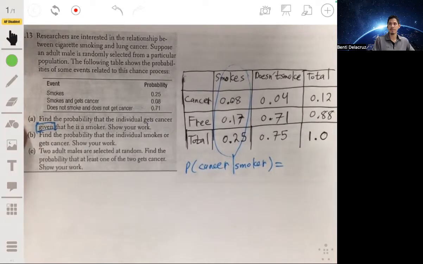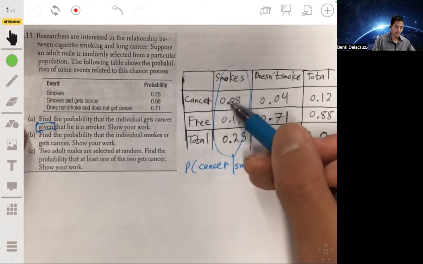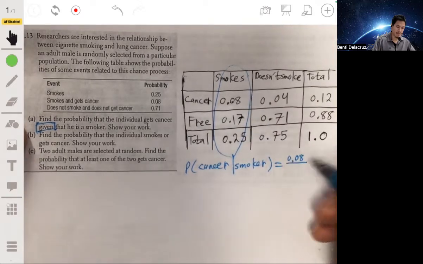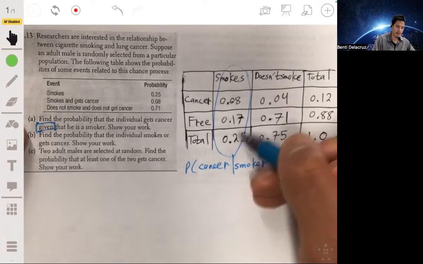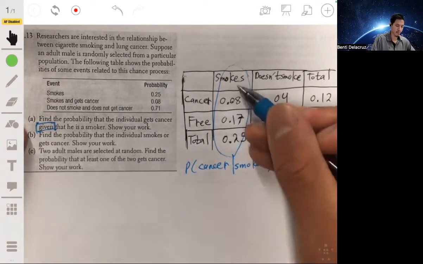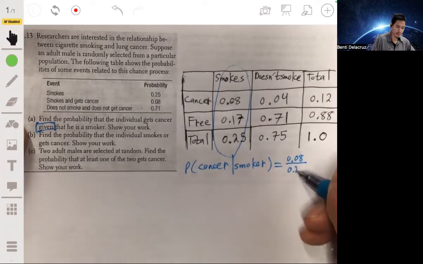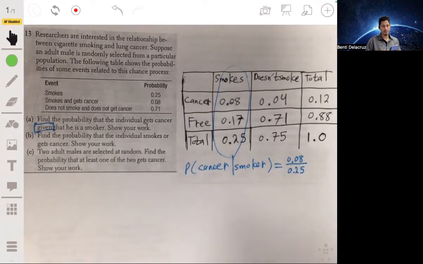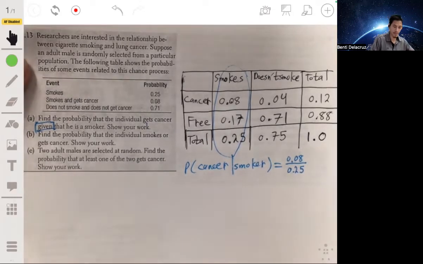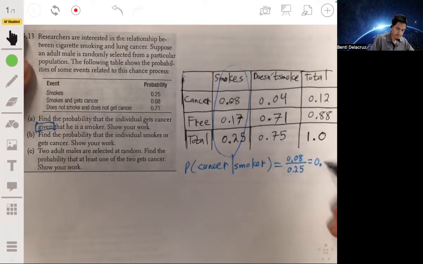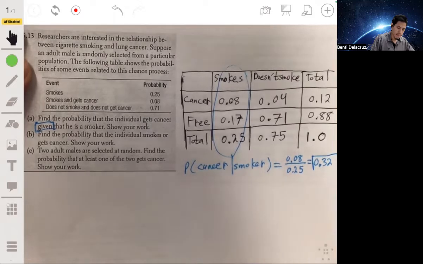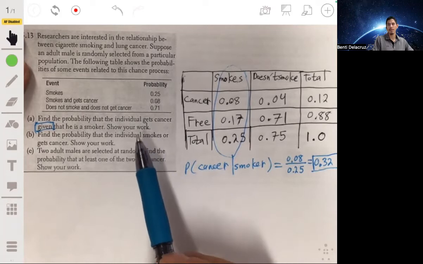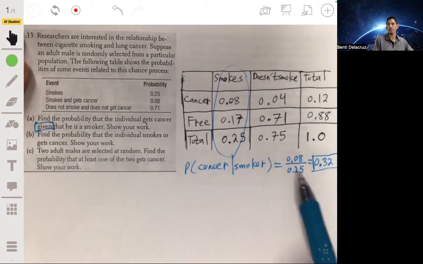And so all we're going to do is take the proportion of cancer, 0.08, and divide it by the total right here, because that represents the total proportion of smokers. So 0.08 divided by 0.25, and then our answer will be 0.32. So the probability that they'll get cancer given that they're a smoker is 0.32.